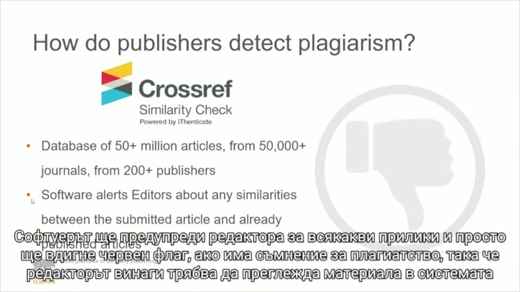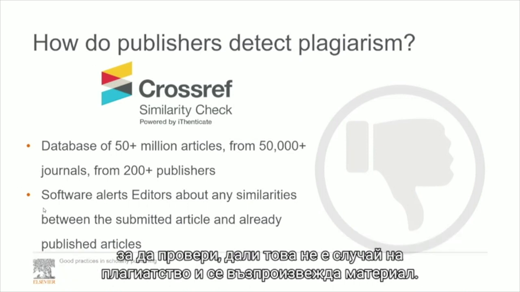Software will alert the editor about any similarity, and it will simply raise a red flag if there's a plagiarism suspicion. But always the editor needs to review the report from the system to verify whether that's not a false plagiarism case, because you, for example, just reproduced an equation.